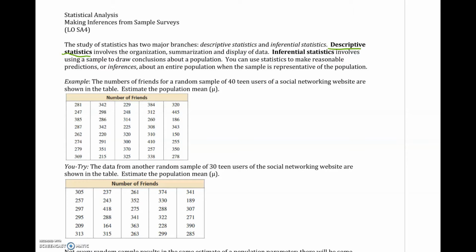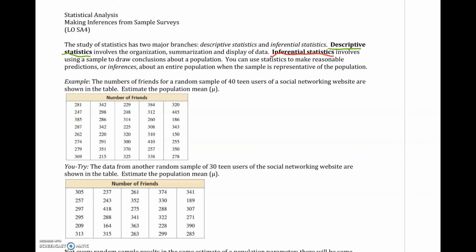Then we have a second part to this, which is called inferential statistics. You might have heard about making inferences in science, but basically it's using some kind of sample to come up with conclusions about a population, kind of like what we were doing in the previous lesson.